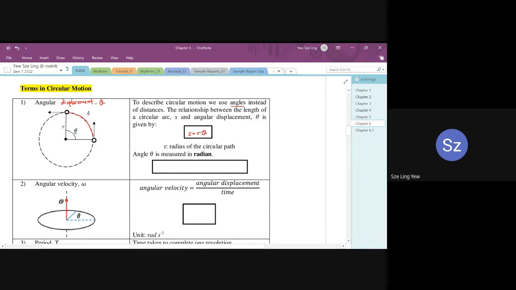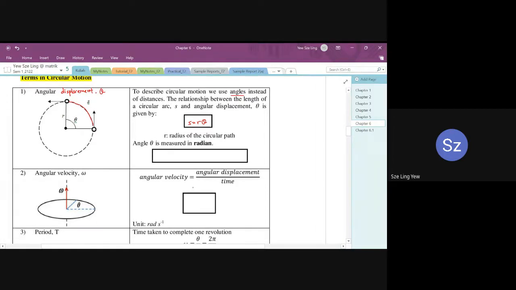So what are we going to calculate in this chapter? The term that is very important in this chapter is revolutions. One revolution, which is one cycle, equals 360 degrees, which equals 2 pi radians, right?